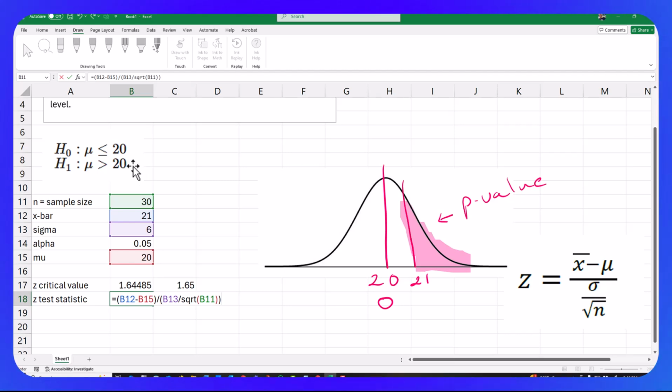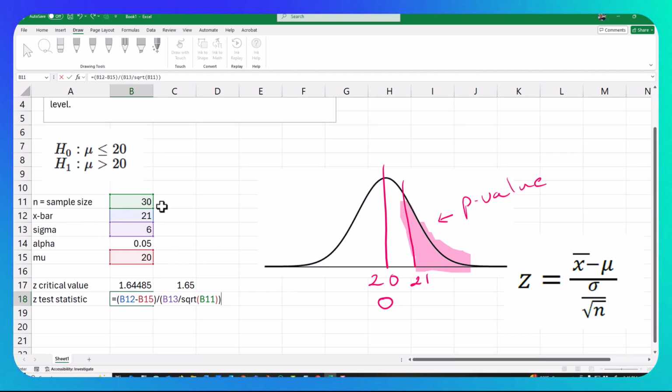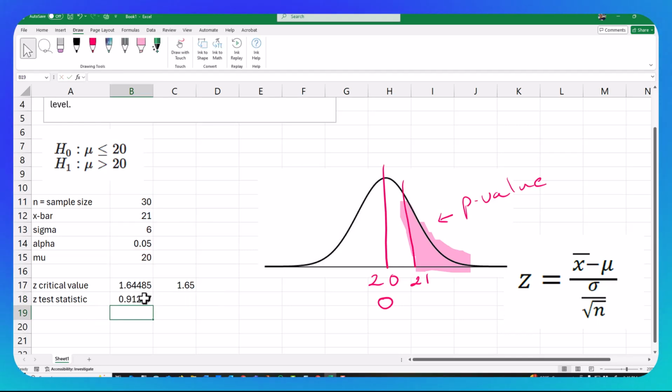I always reference cells so I can reuse this for different numbers. So it's 21 minus 20 divided by 6 over the square root of 30. When I hit enter, I get this value.